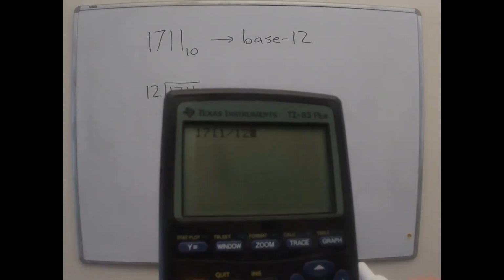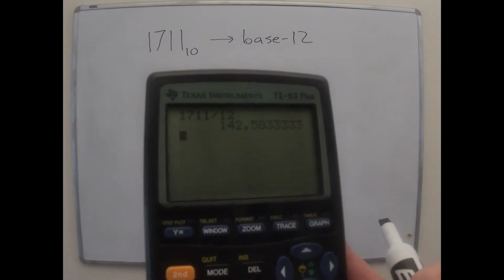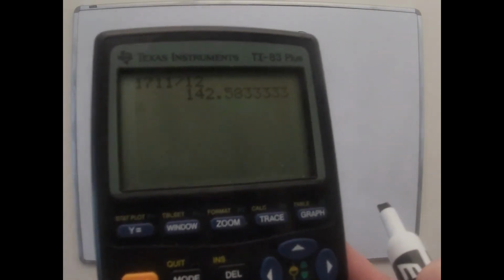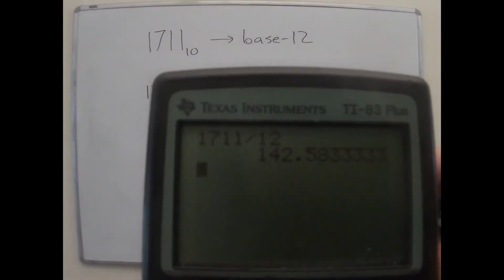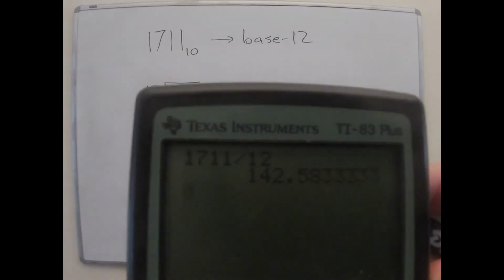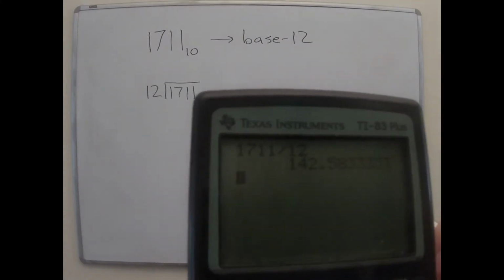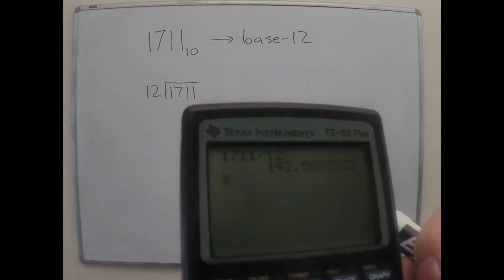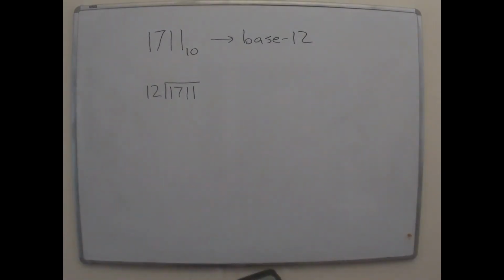Okay, you see what the answer is there? I can't read it right. 142.583. Well, 142 is your answer, and in fact, your remainder is hiding there in the decimal digits, the stuff out to the right of the decimal point. So I'm going to subtract 142 from the previous answer.